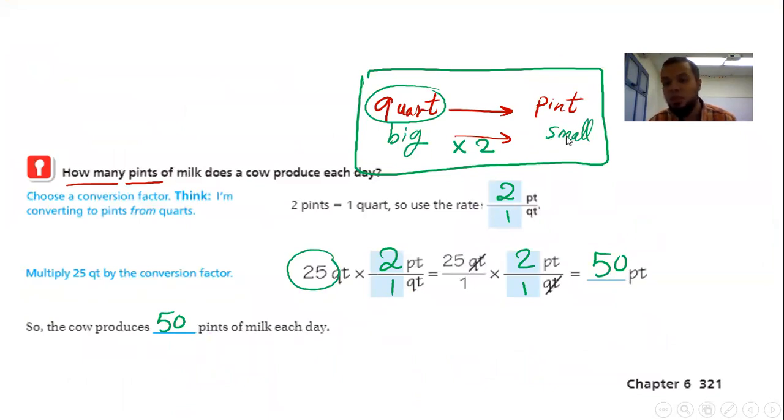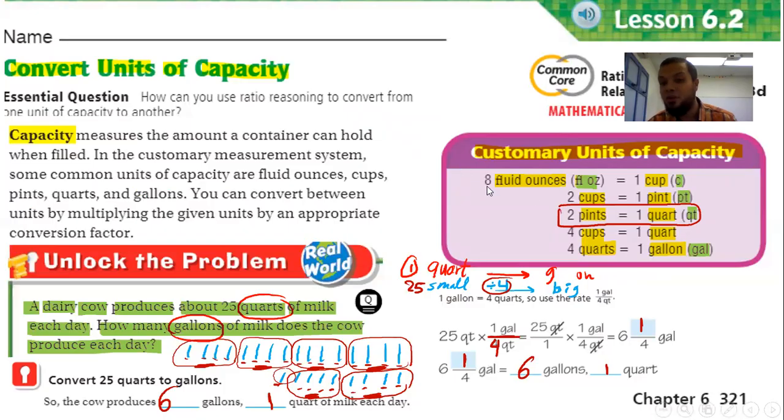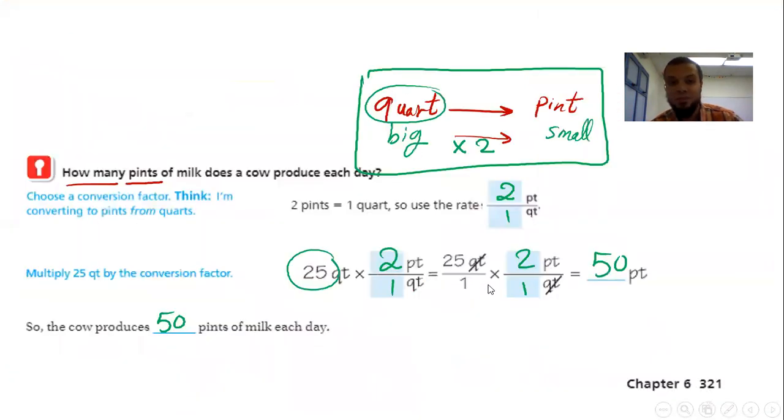And from big to small, we need to multiply by the conversion number between them. Look, this is the conversion number between them: 1 quart equals 2 pence. And I have 25 quarts. Every one of these 25 equals 2 pence.